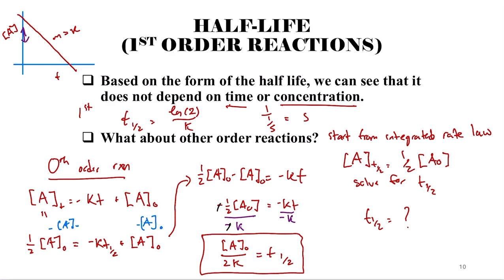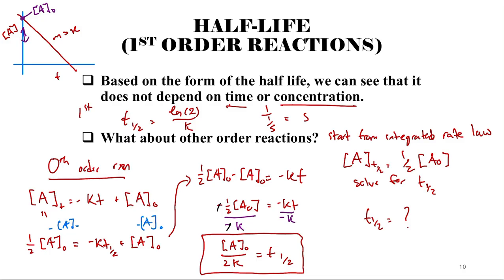up and down, then the time it would take for you to reach half the initial concentration should go up or down depending on if you're sliding this up or down, right? This point right here is the initial concentration. Because it's just a line, if we just slide the line up, it's going to take longer for it to reach half of its initial concentration.